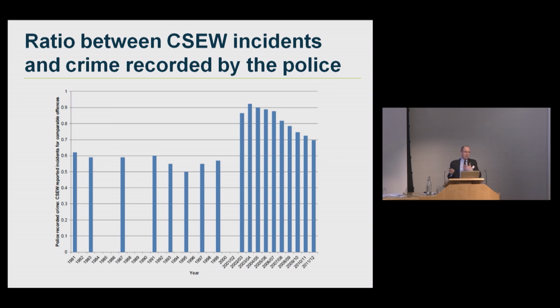Now, here is an example where knowing how the data is produced and where it comes from, knowing that this data itself is used as part of the way in which the forces themselves monitor their own performance, led to our asking questions. Now, there are many police forces in this country. One has relatively recently been somewhat concerned about this and has had some new audit work undertaken, and that was Kent.